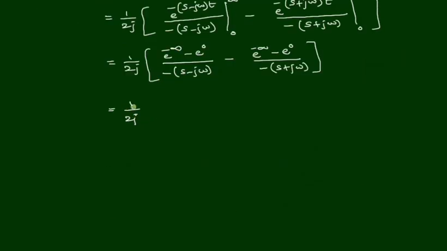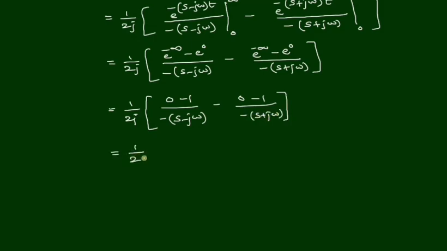The equation becomes 1 by 2j. So e power minus infinity value is 0, minus 1 divided by minus of s minus j omega, minus e power minus infinity is 0, minus 1 divided by minus of s plus j omega.